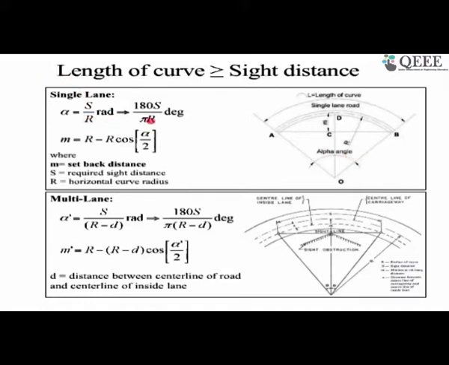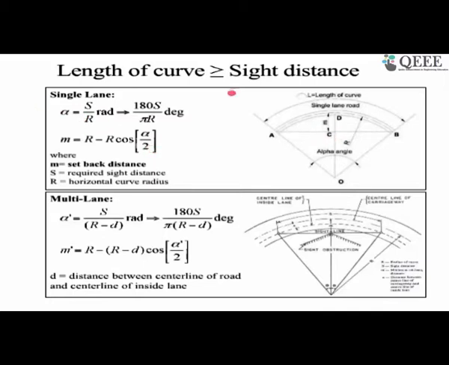It is again coming from the geometry. If we convert this radian into degree, it is 180 times S by pi R. We already know that M, the mid ordinate, is equal to R minus R cos alpha by 2. So whatever alpha we get here, we replace it here.